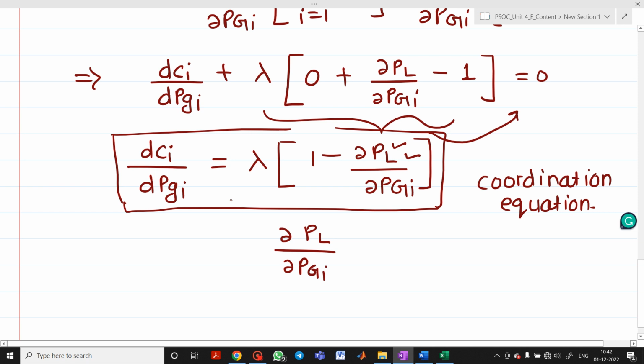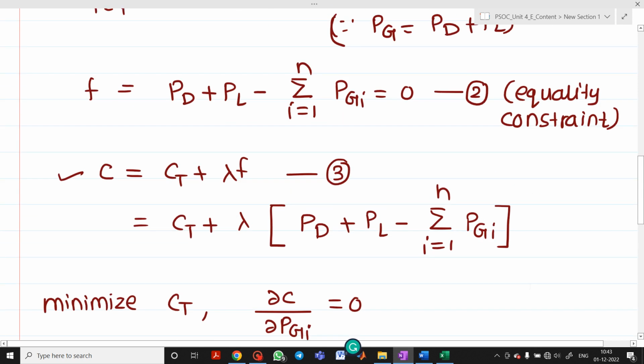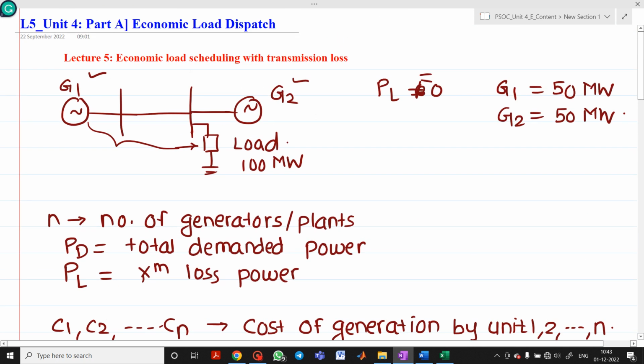We need to find the transmission loss PL in terms of plant generations. So this is the coordination equation of economic load dispatch when power loss has been taken into consideration. So this is the total derivation for this topic.